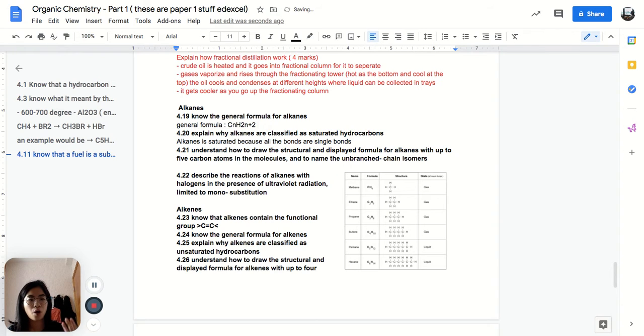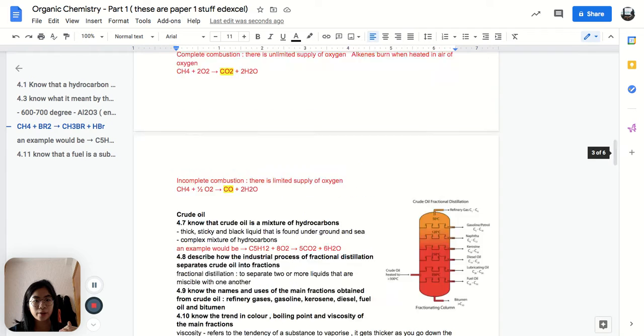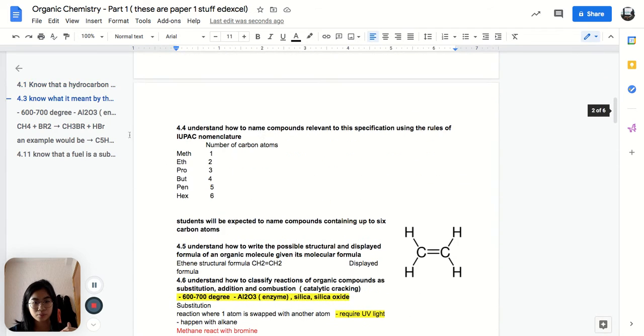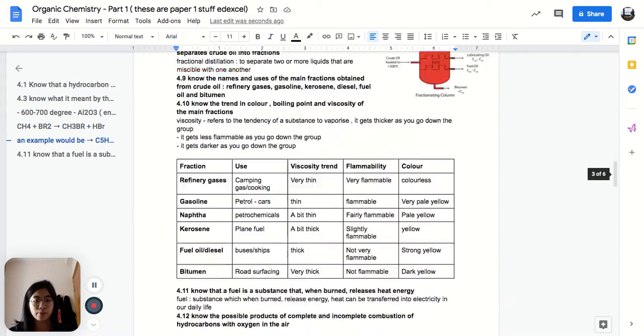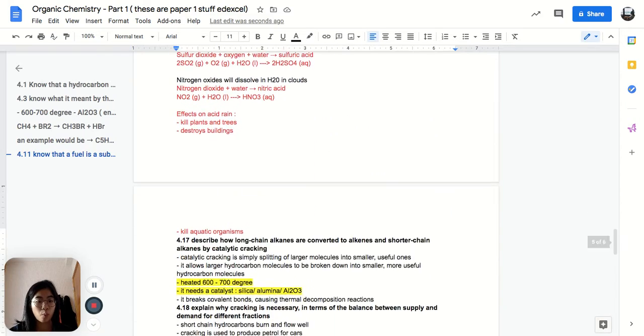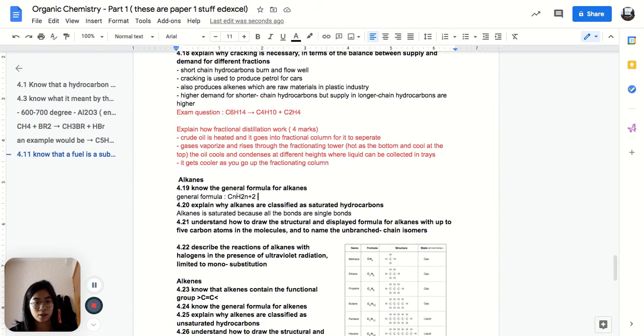If you know how many C there are, which I will talk about, then you just substitute the number of C. Let's say methane. Methane has 1 C, as you would know from the table that I have shown you previously. So you substitute 1 into n, so n equals 1.